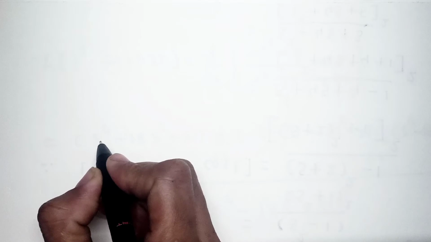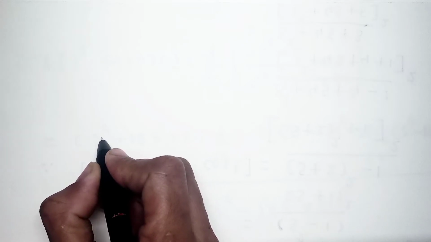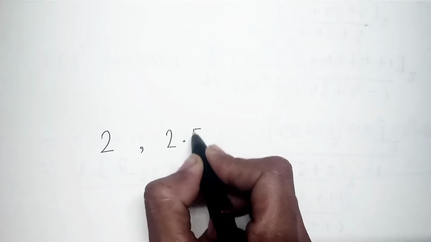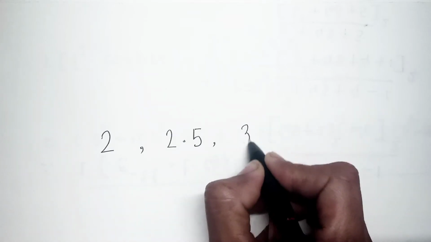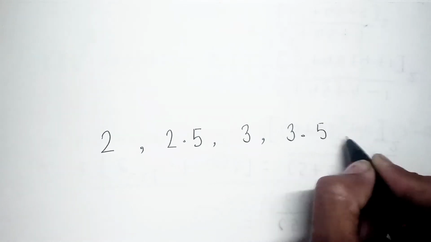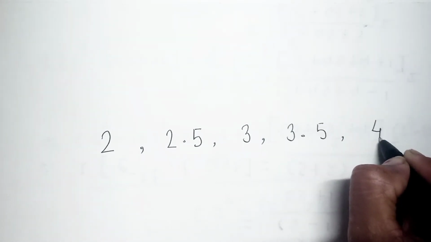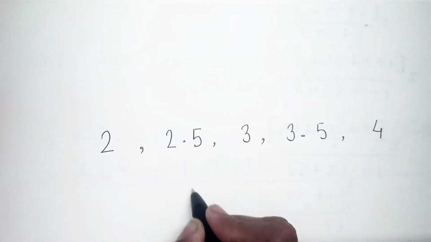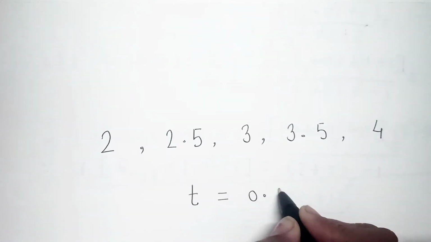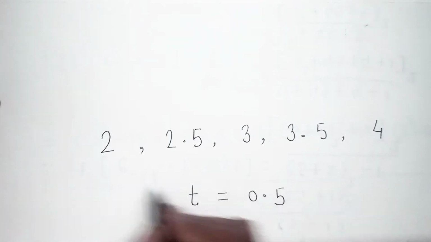So in the previous example we created a sequence like these: 2, 2.5, 3, 3.5 and 4. So what does it mean? The value of t parameter is 0.5 and it remains the same for every number.